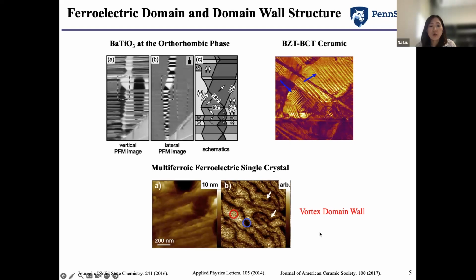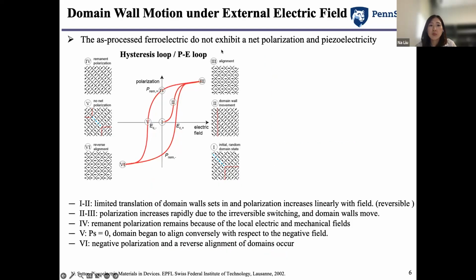The first way is by applying an external electric field to induce domain switching and further control the domain wall motion. And ultimately, we will generate a hysteresis loop, which is also called the P-E loop in ferroelectrics. Initially, the domain spontaneous polarizations are randomly distributed, and so the net polarization is 0.